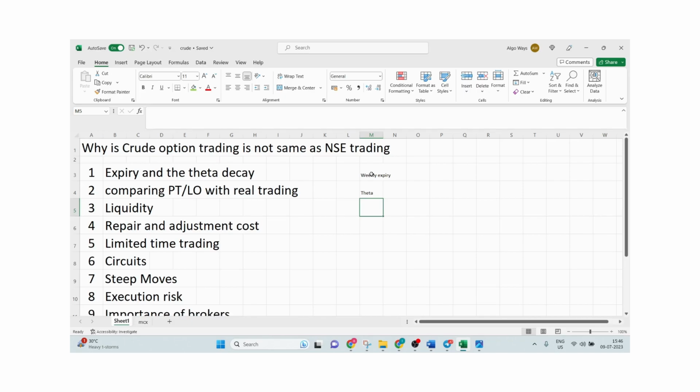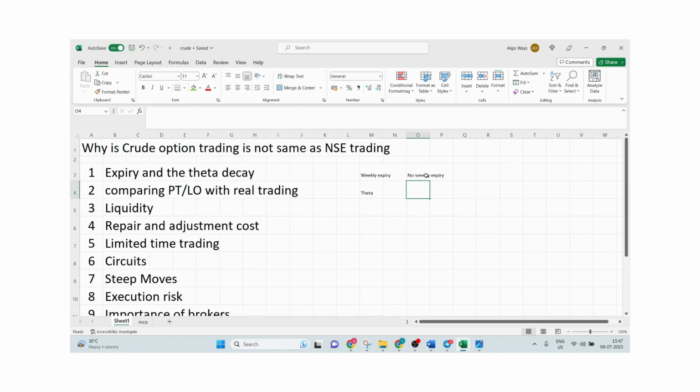In case of crude oil, we don't have any weekly expiry, number one. No weekly expiry in crude oil or NG. And theta does not come into the picture until the last week of the expiry. How the expiries of crude oil and NG work, I have already done a video on that today, which has been posted, and you can understand from there how the expiries are and on which dates they will fall.